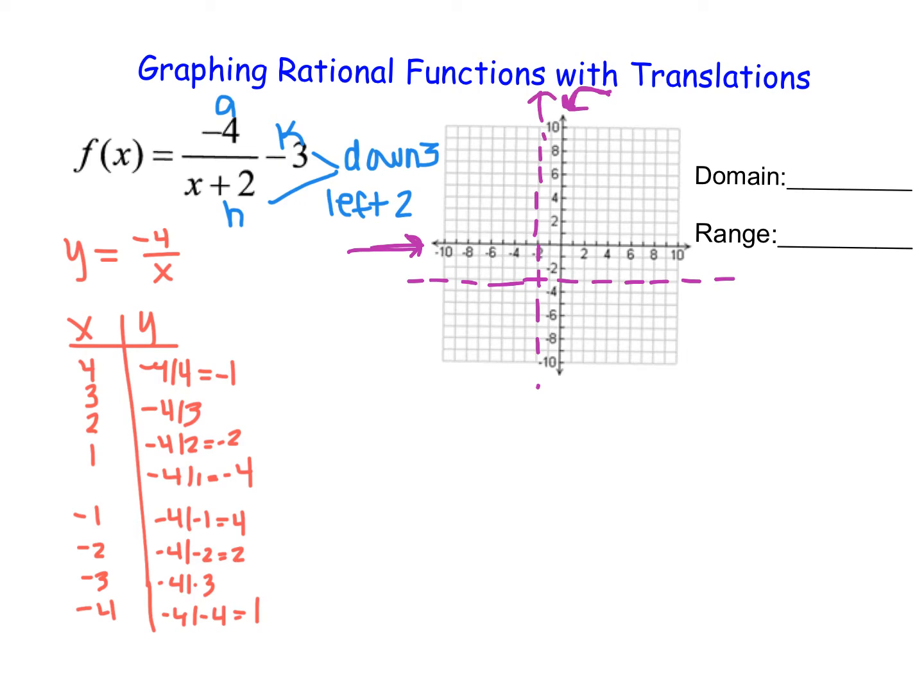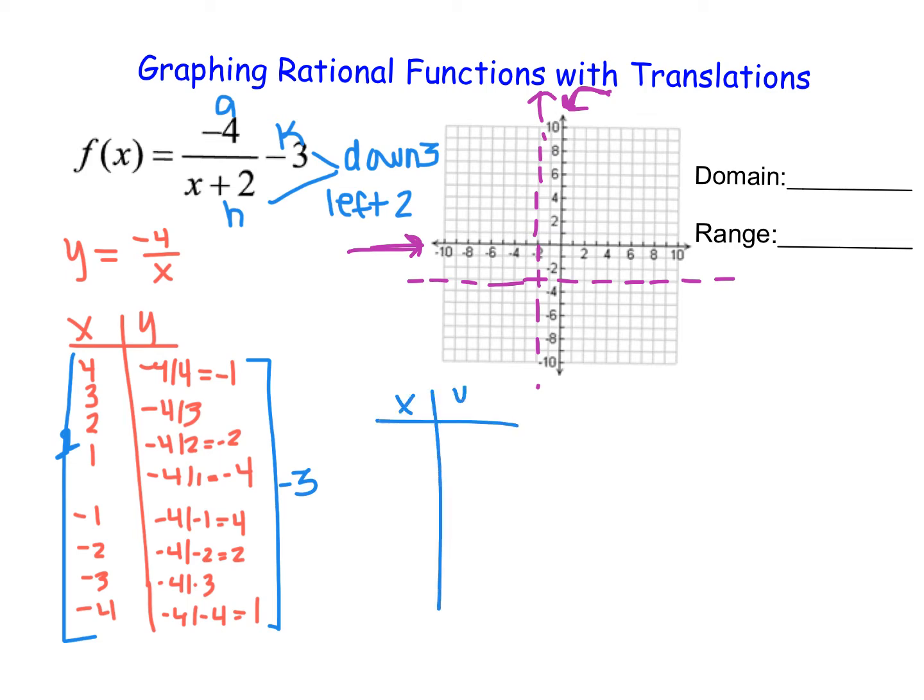Then from here, I'm going to take all of my points and translate them accordingly. All of my x values, which are my horizontal points, I'm going to subtract 2 from, because they're going to move left 2. And all of my y points, I'm going to move down 3, so I'm going to subtract 3 from. If I create new points here, I subtract 2 from all my x values.